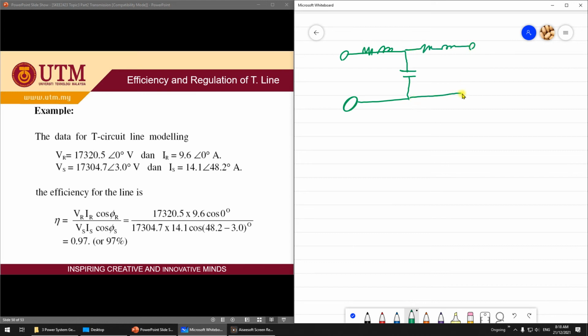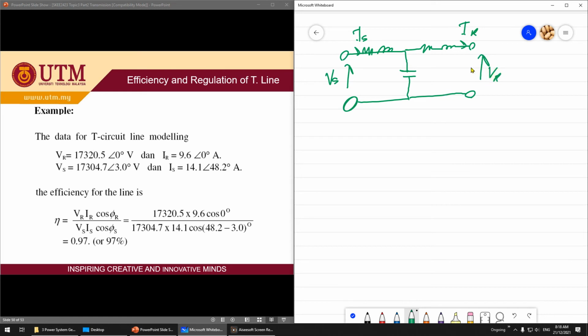Make sure you know how to draw this. So you can see here, you have Vs, you have Is, this is IR, and this is VR.